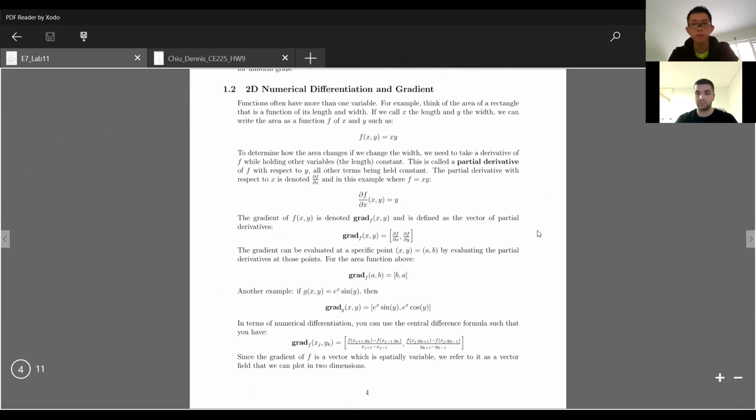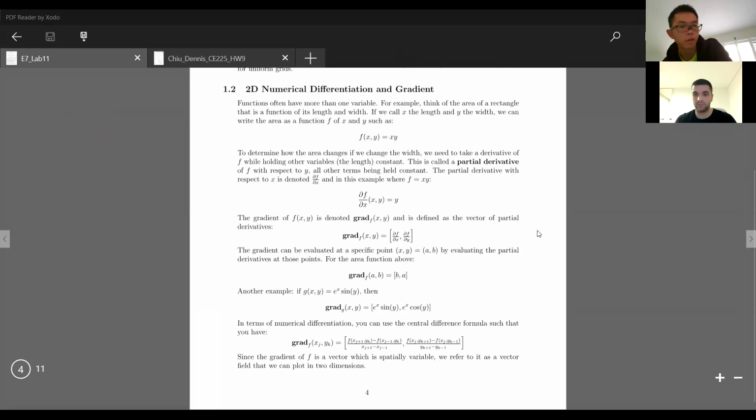probably the hardest, or at least the most complicated one, in my opinion, out of the entire set. It's partial differentiation. So we have a grid of xy coordinates. Let's say 1, 2, 3. Basically, we have two number lines, 1, 2, 3.